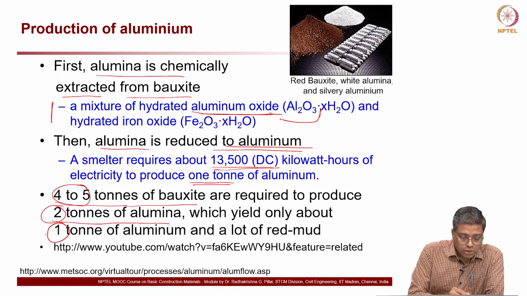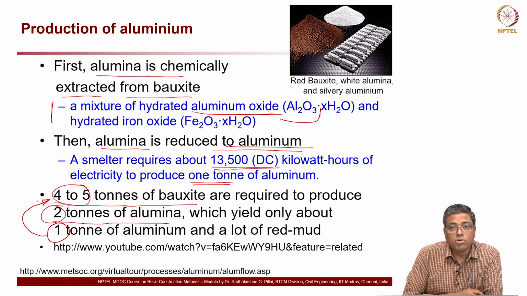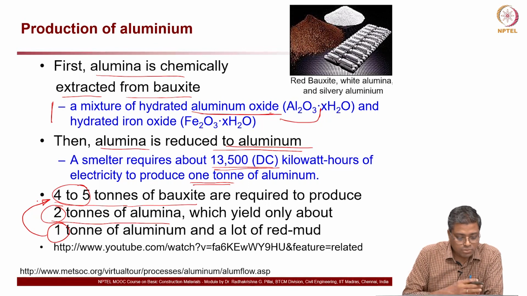So, 1 ton of aluminum is produced from about 4 to 5 tons of bauxite. If I assume that 4 tons of bauxite is required, only 25% of the material is actually the final product. So, you have 75% of the material as byproduct or waste.